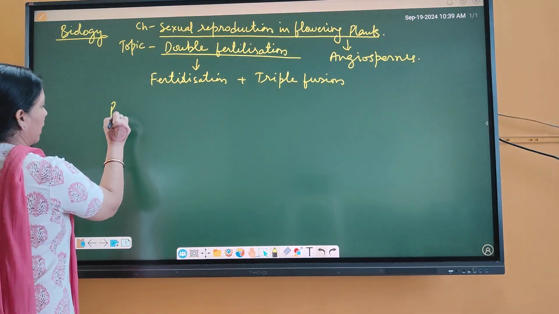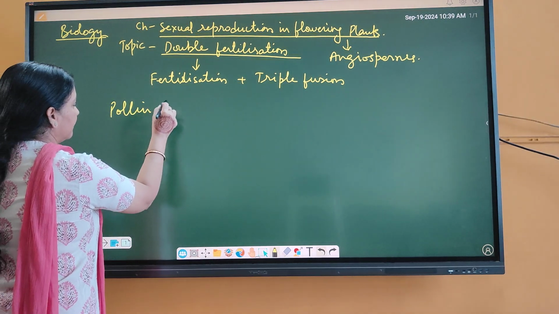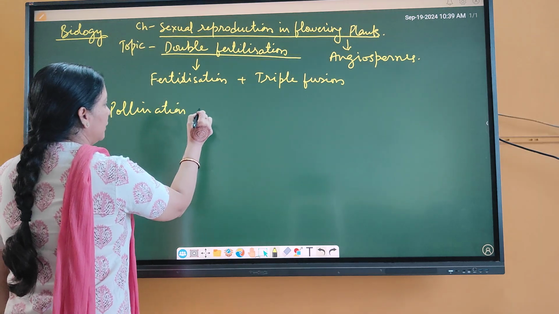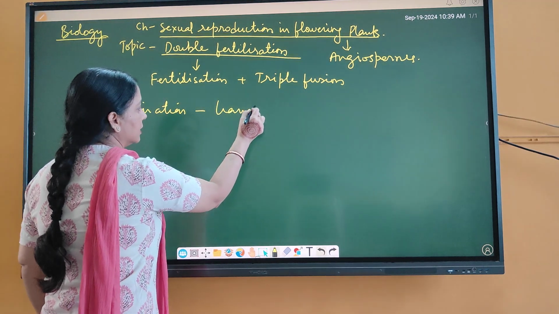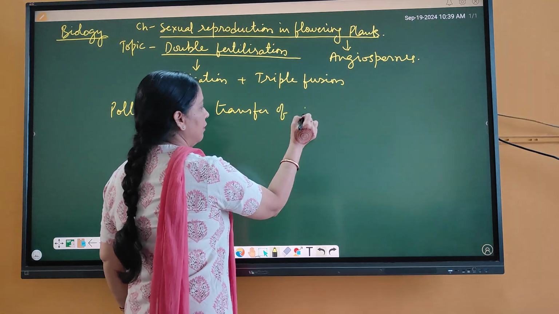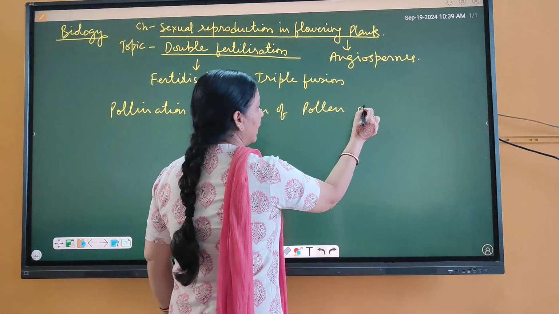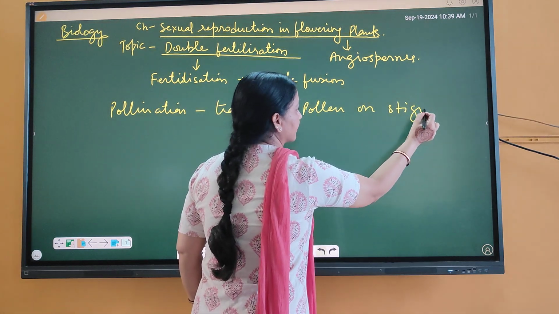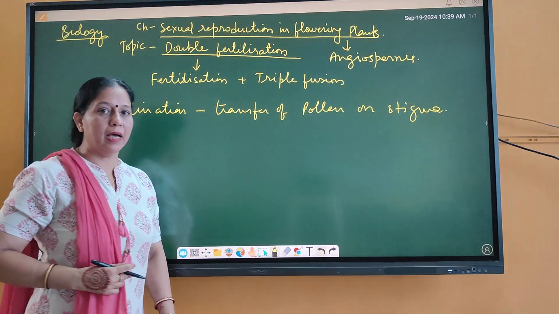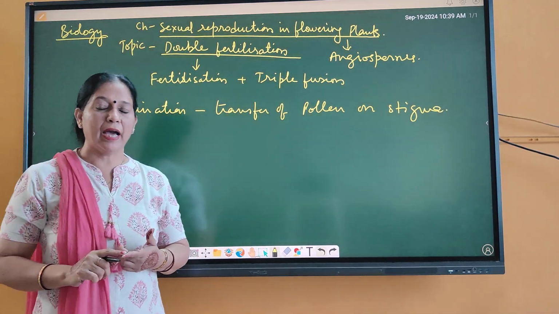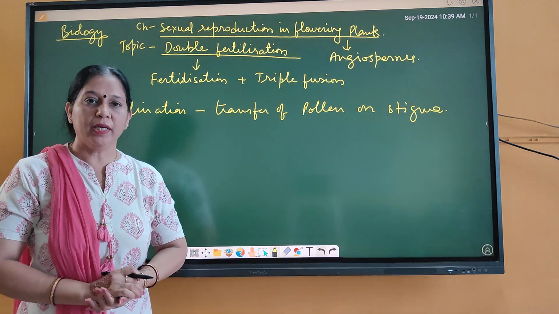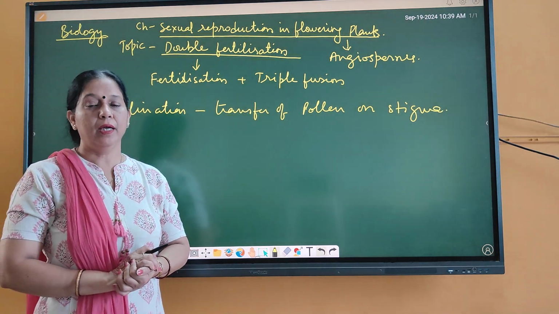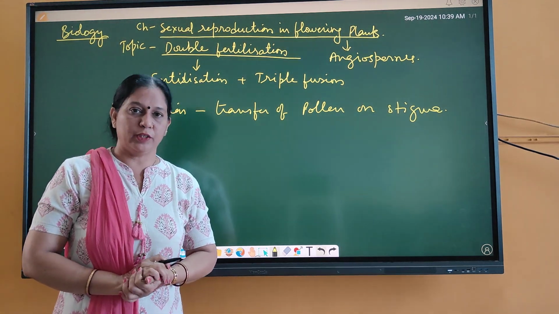So we know that pollination is the transfer of pollen grains, transfer of pollen on the stigma. When the stigma becomes receptive, at the same time when pollen is released from the anther, this process takes place.